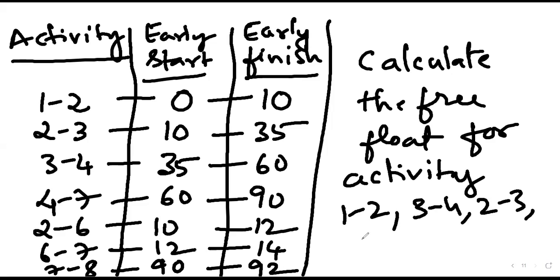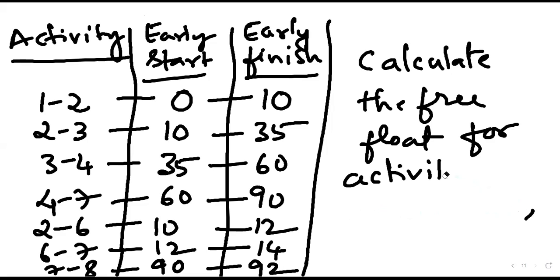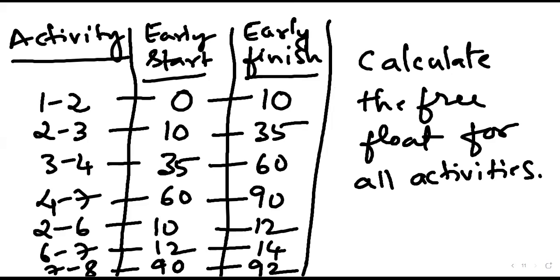Or else we'll calculate for all the activities. Let us know why? Because all the activities have a unique ending node. Okay, so find out the free float for all these activities.